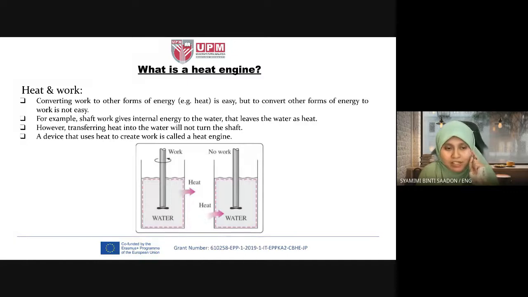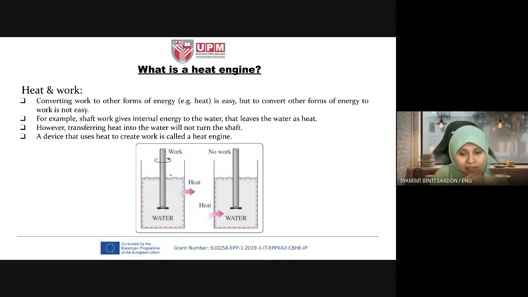For example, shaft work gives internal energy to the water that leaves the water as heat. If we rotate the shaft here, and we have water here, the work from the shaft will give internal energy to the water. When we rotate the shaft, it will heat up the water a bit.